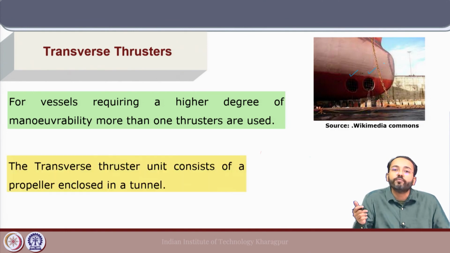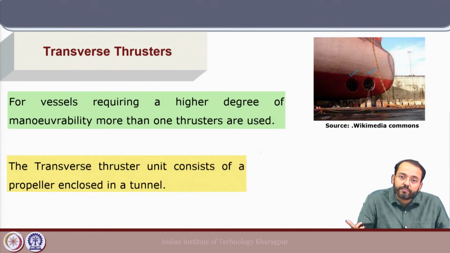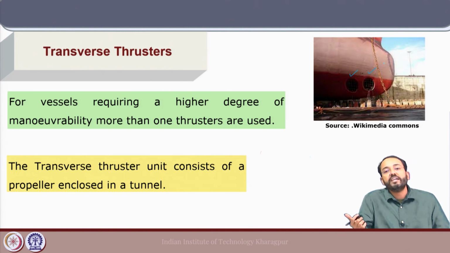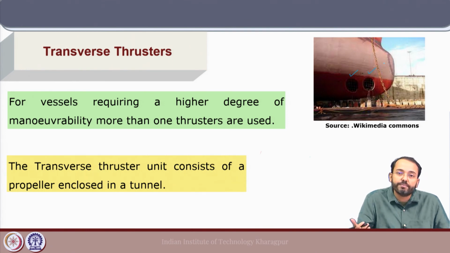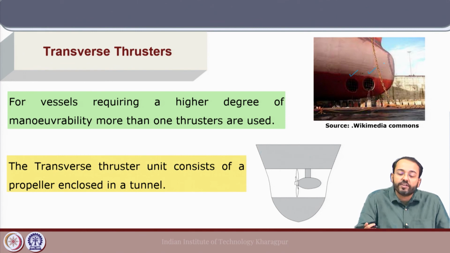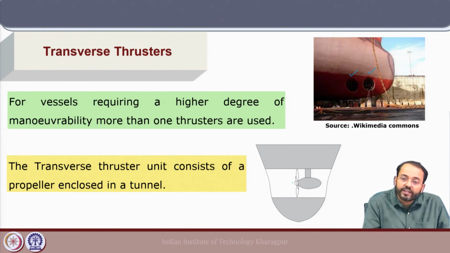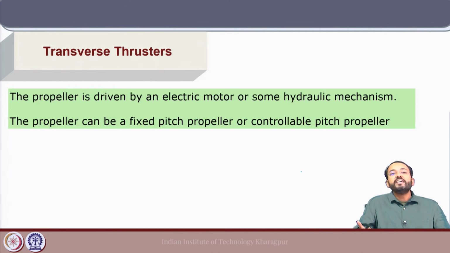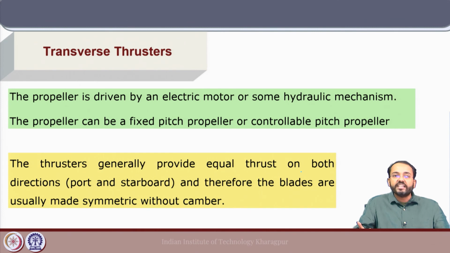These thrusters provide transverse thrust for the ship to be maneuvered in cases where the forward speed is very low, especially in confined waters. Now, a transverse thruster consists of a propeller housed in the tunnel, and this propeller provides the thrust in the transverse direction.